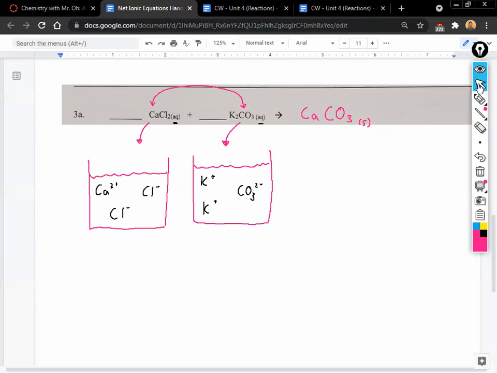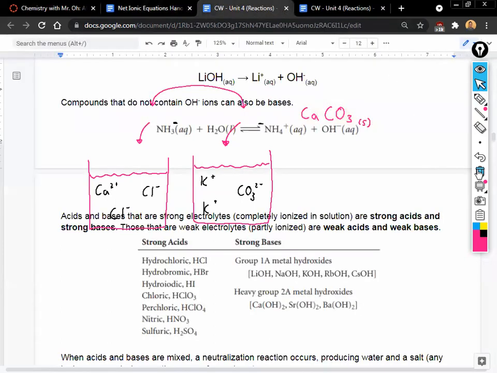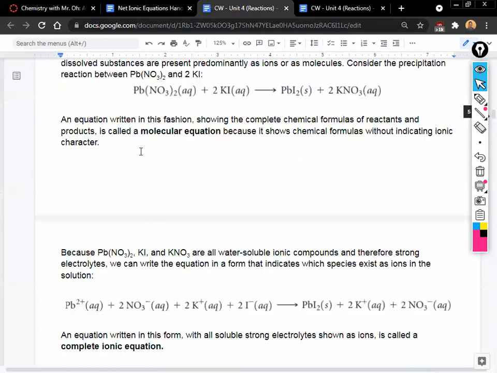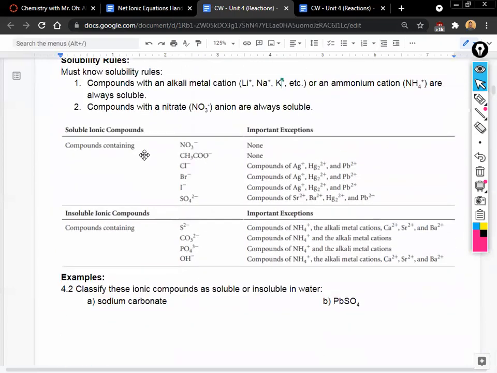If we go back to our solubility rules for carbonate, carbonate is going to be insoluble unless it's bonded to NH4+ or the group 1 cations.